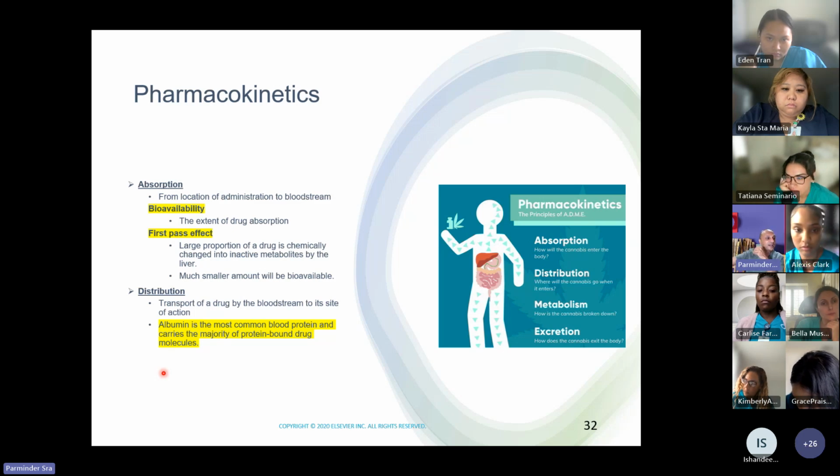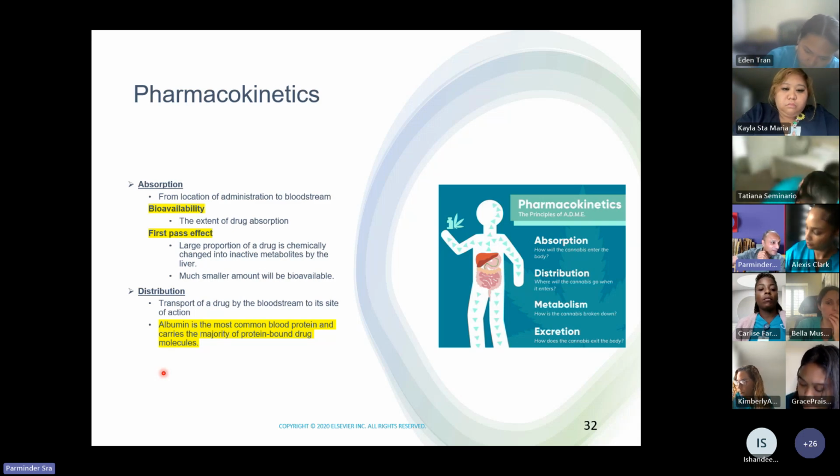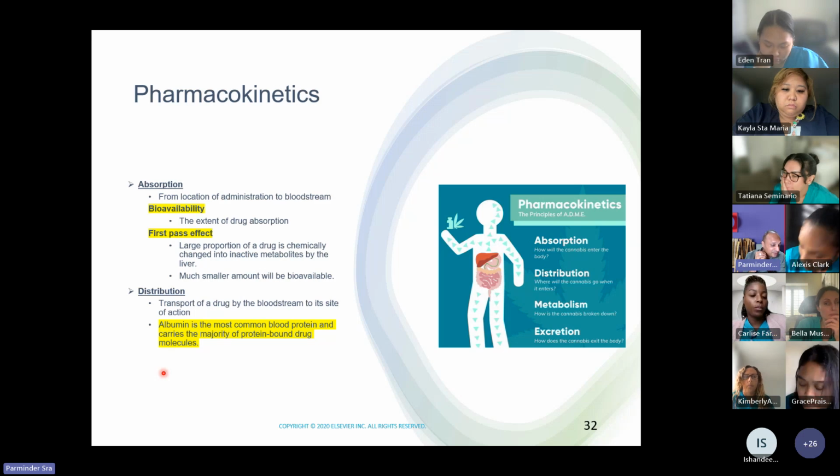Less drug is going to get excreted from the system. Why should we care about that? If the drug stays longer in the body and the patient takes another dose of the same drug, more drug will be bound and a little bit goes out. Now the drug is building up more and more in the body, which can put your patient at risk of toxicity as well. Does that make sense?